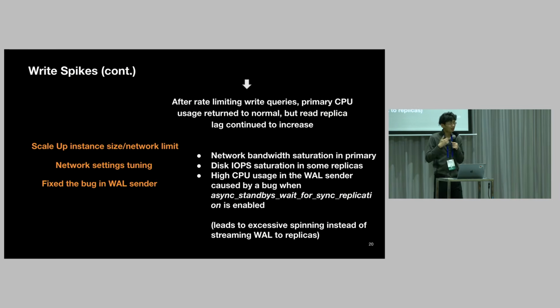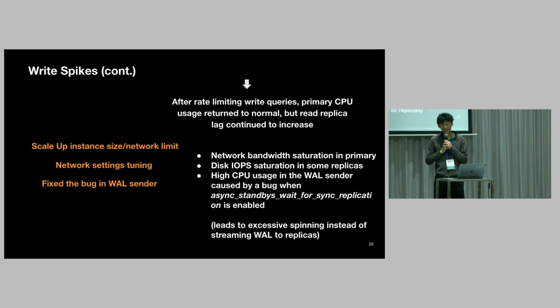And on some replicas, we see disk IOPS saturation, because those replicas also need to serve read queries. If it doesn't hit the cache in Postgres, it still needs to read the data from disk. And when you apply the write ahead log on the replicas, it also needs disk IOPS.